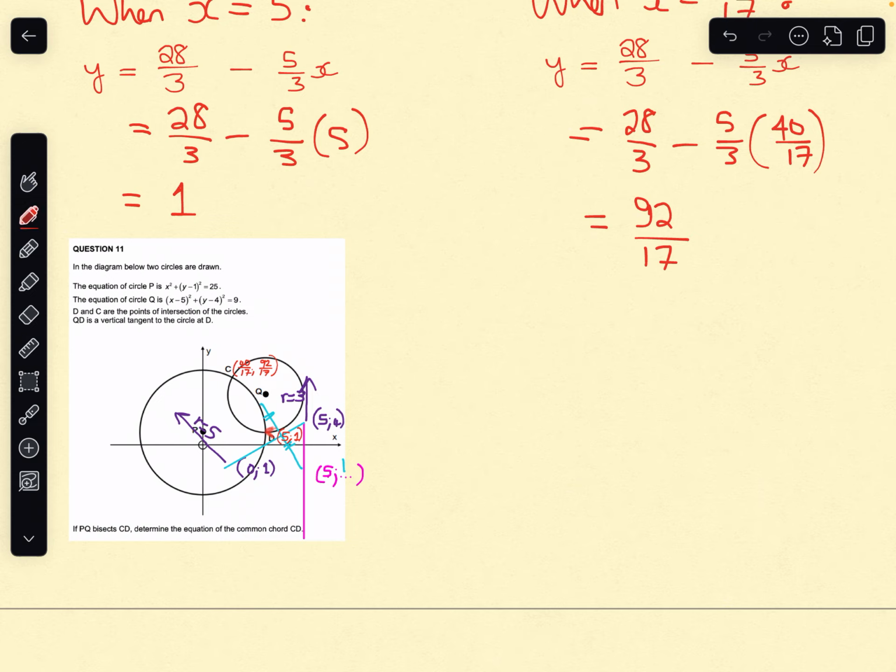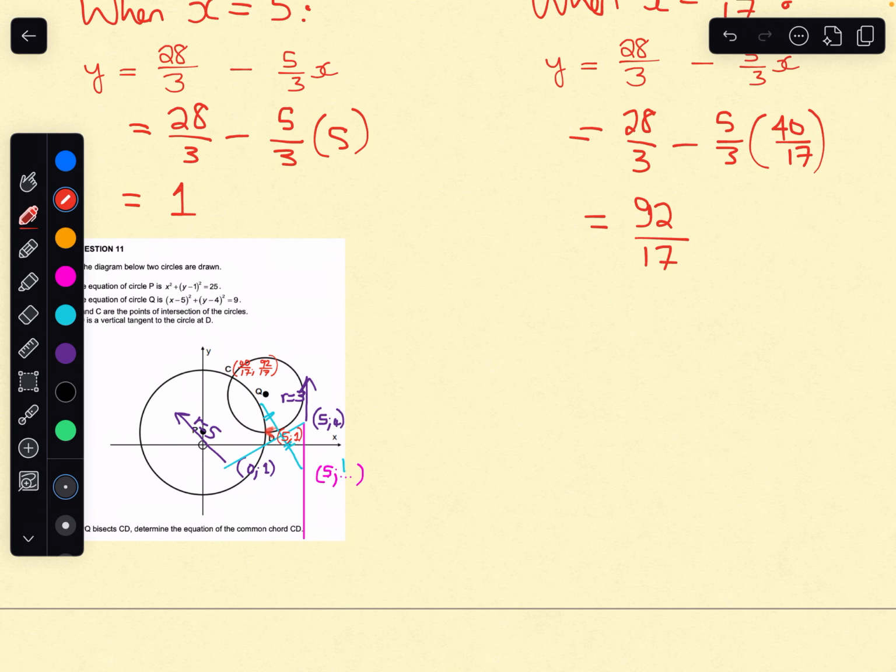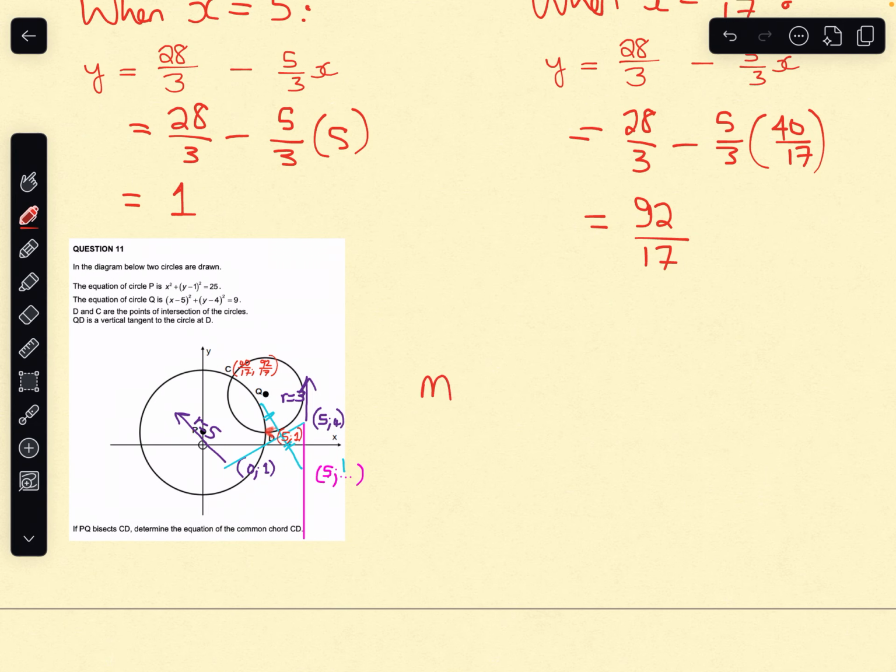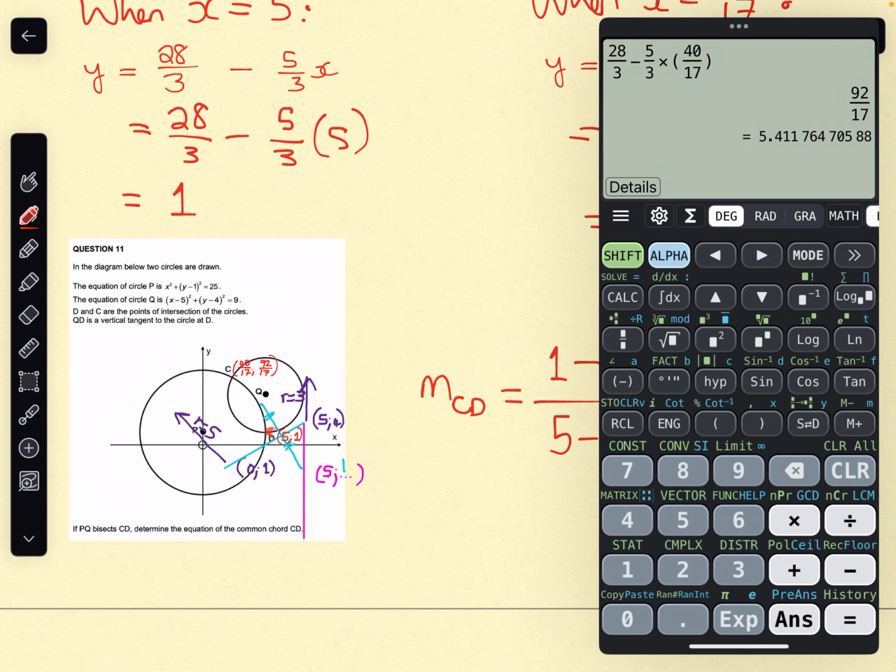So let's quickly then work out the gradient of CD. So the gradient of CD would be 1 minus 92 over 17 divided by 5 minus 40 over 17.